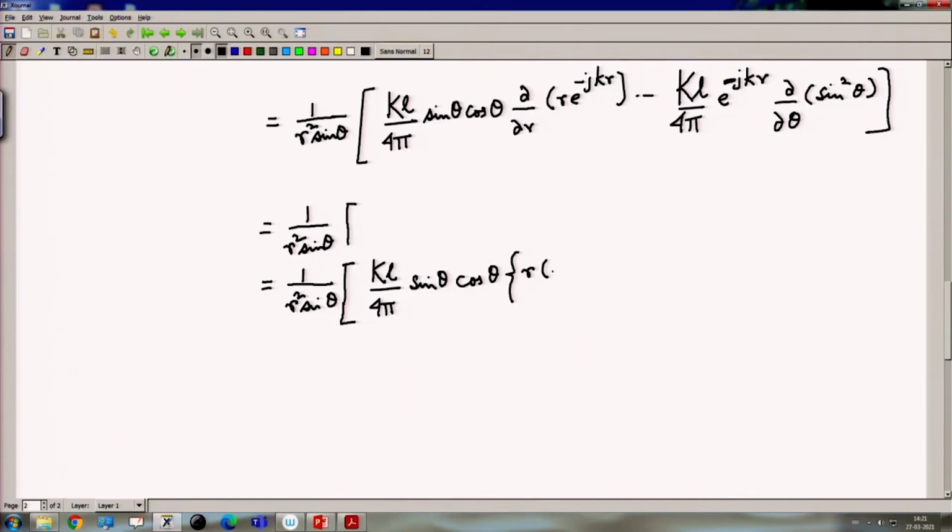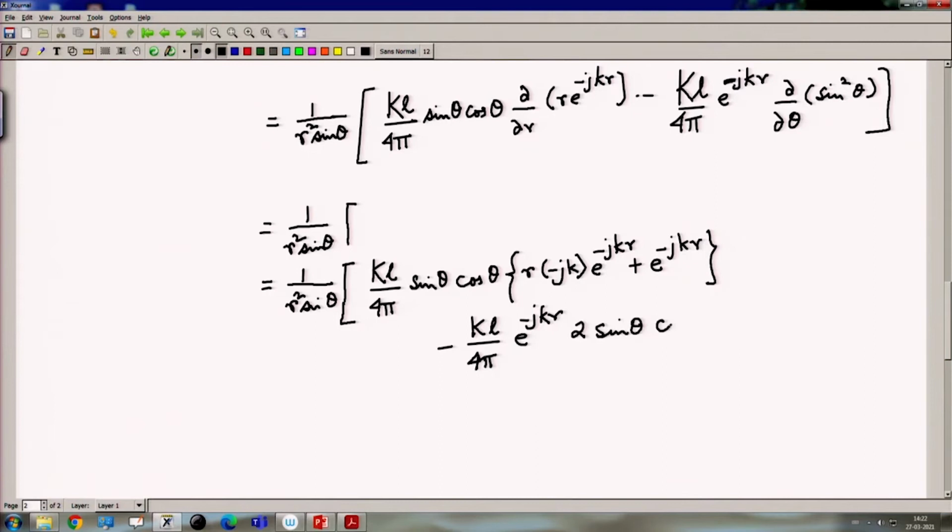It will be r into minus j k e to the power minus j k r plus e to the power minus j k r, minus k L by 4 pi e to the power minus j k r into 2 sin theta cos theta.